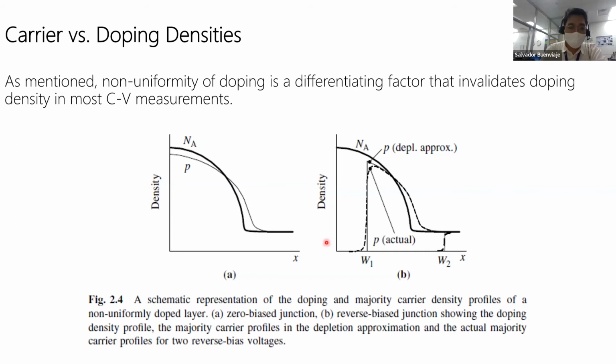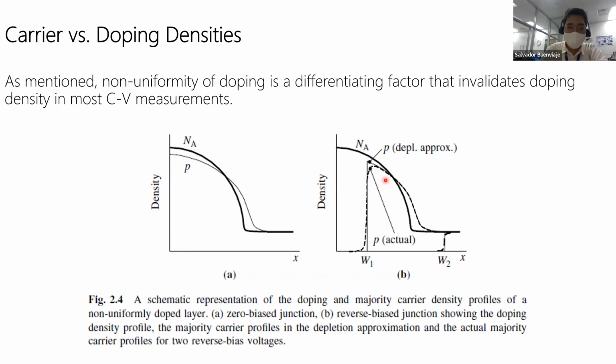So we have actually experimental data to prove that. As you can see here, P is the majority carrier density, and Na is the doping density. So also here, it is important to distinguish the effective carrier density versus the true carrier density.